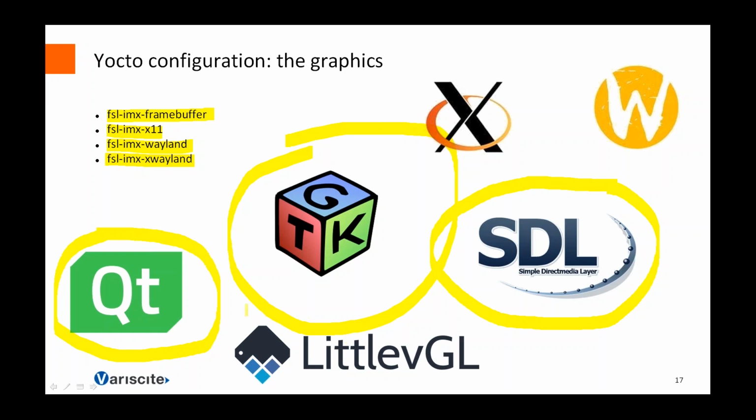And in the last year, I've seen that Little VGL, a library that actually comes from the Cortex-M world, has been ported to Linux and can be useful for a low-end target system that does not rely on specific aspects of the graphics and does not require that much.